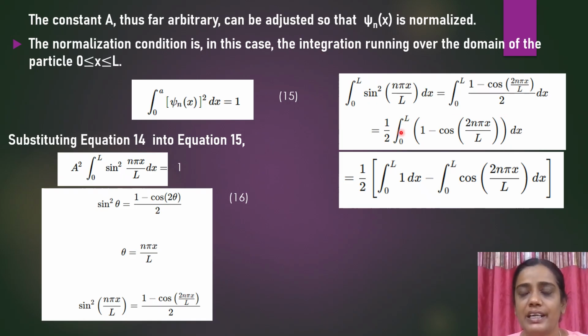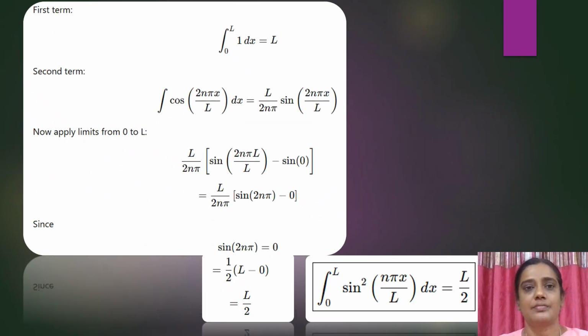Now let us take the integration part alone and take the dx inside and multiply it. Therefore, it is 1 by 2 times integration over 0 to L dx minus integration over 0 to L cos 2 n pi x by L into dx. So now we are going to integrate the terms.